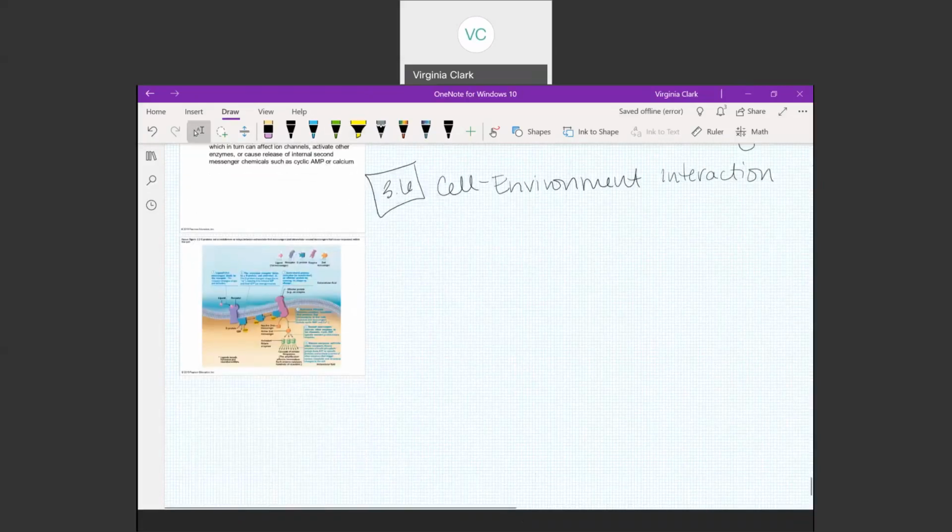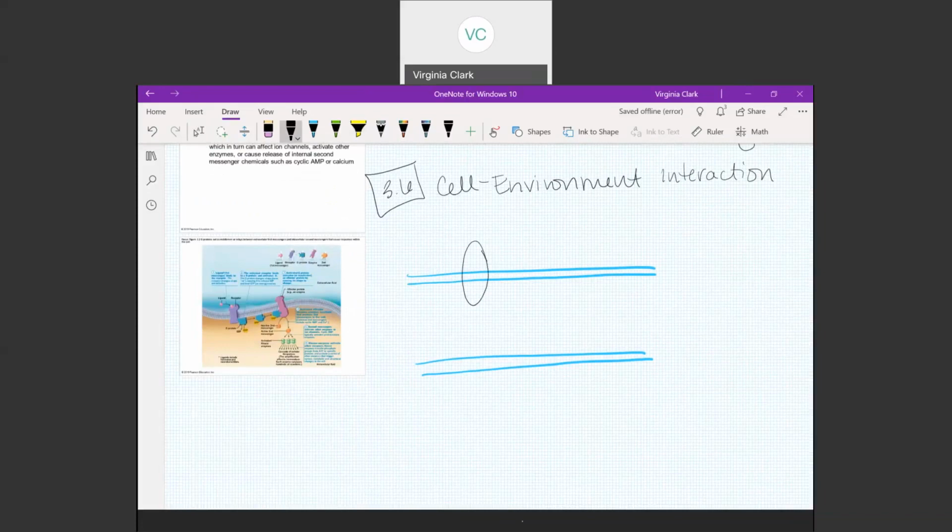So what that means is if I have the plasma membrane of one cell and the plasma membrane of another cell, and here is my receptor protein, and here is my receptor protein, whatever signal is on this cell will trigger a signal here. And that will trigger something to happen inside the cell. It will actually trigger some sort of process inside the cell, all because it picked up some sort of communication outside the cell.